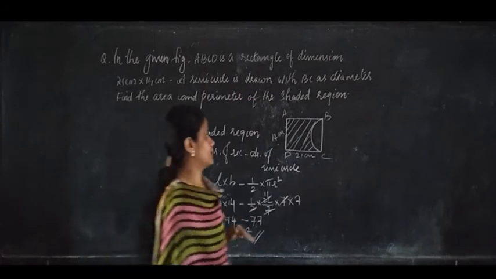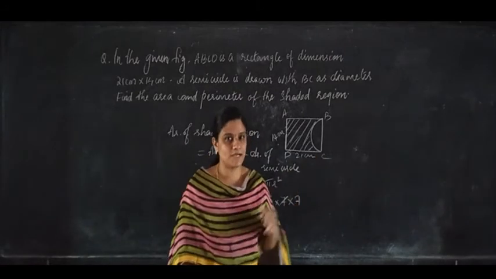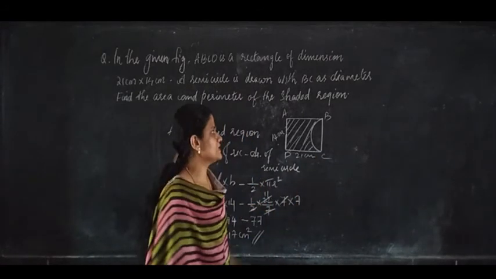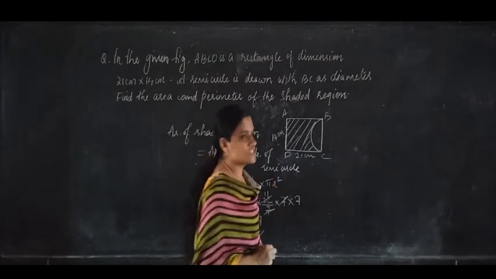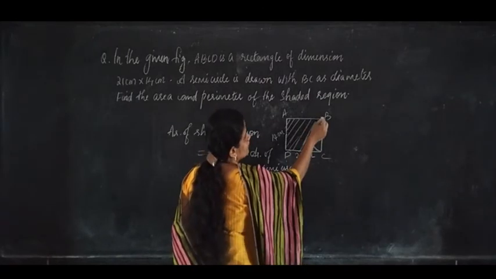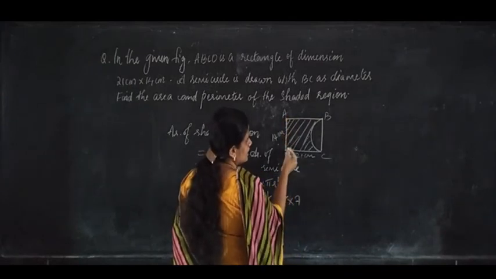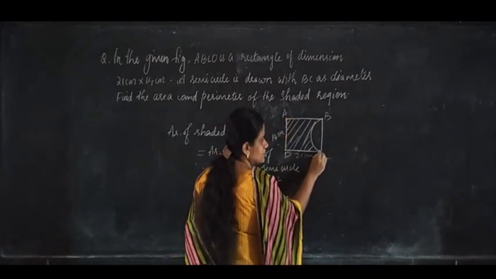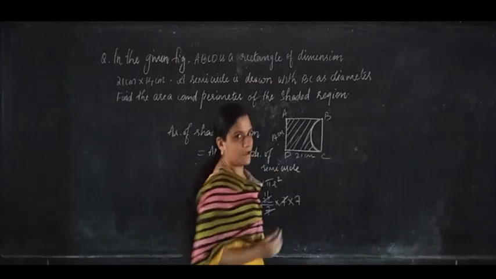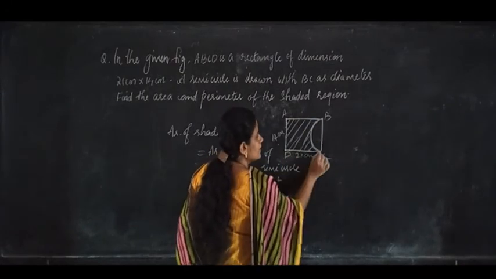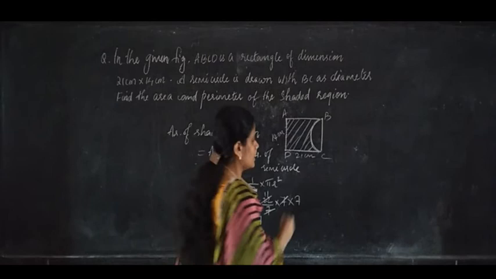Okay, now the next question, we have to find the perimeter of the shaded region. So you just see how can we find the perimeter of the shaded region? We need AB plus AD plus DC plus pi r. So how can you write?